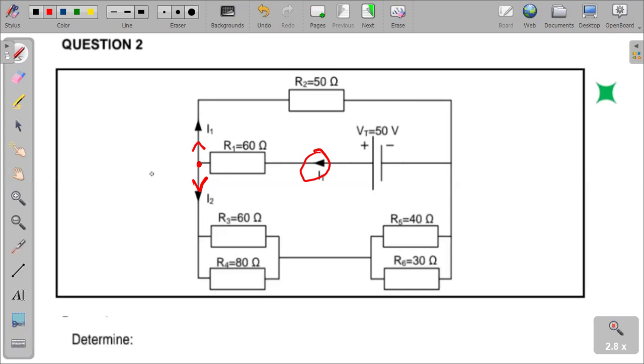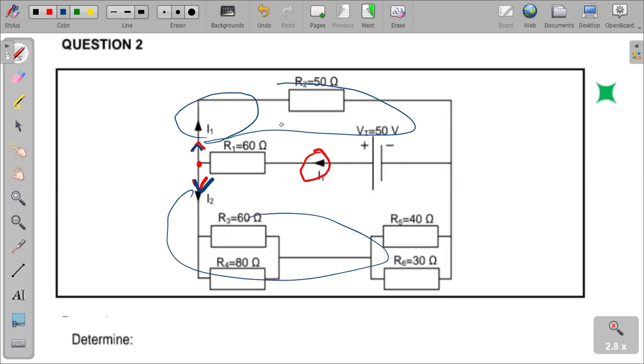we can safely say they're in series. A very good example on this circuit is that we have agreed this current has been divided, which means all resistors in this direction of current and all resistors in this other direction are in parallel. Those two groups are in parallel. But let's follow this current that is going down, I2.